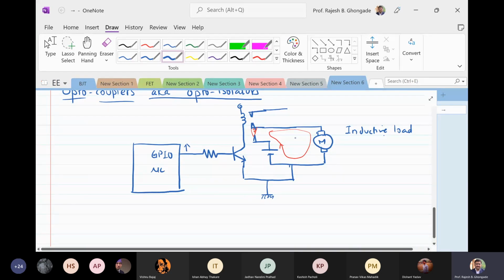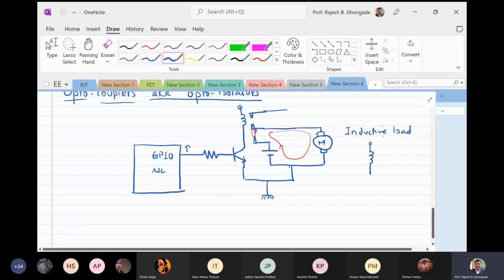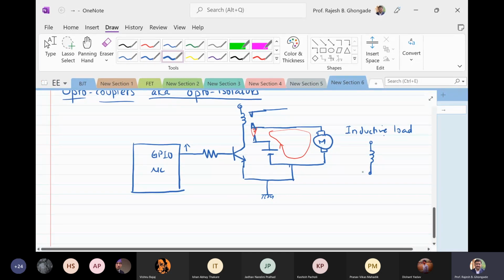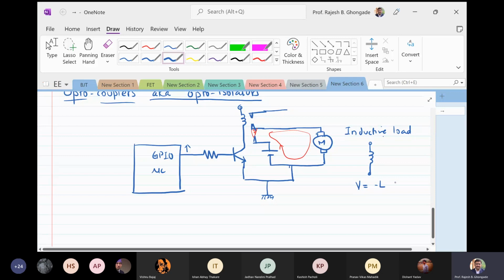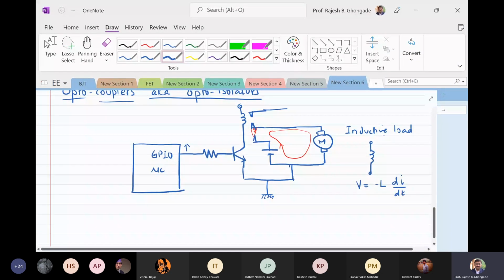Now, when you have an inductive load, you can call this an inductor. We have already studied the characteristic of an inductor. What is the characteristic of an inductor? V equal to minus L di by dt. So some kind of back EMF will be generated, a voltage across the inductor or the coil, and this will depend on the rate at which you are switching the current flowing through the motor, that is your inductor.